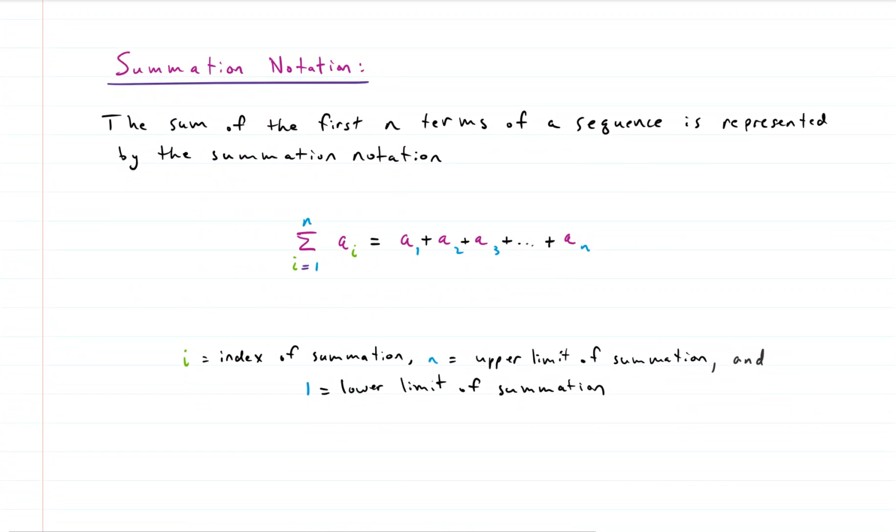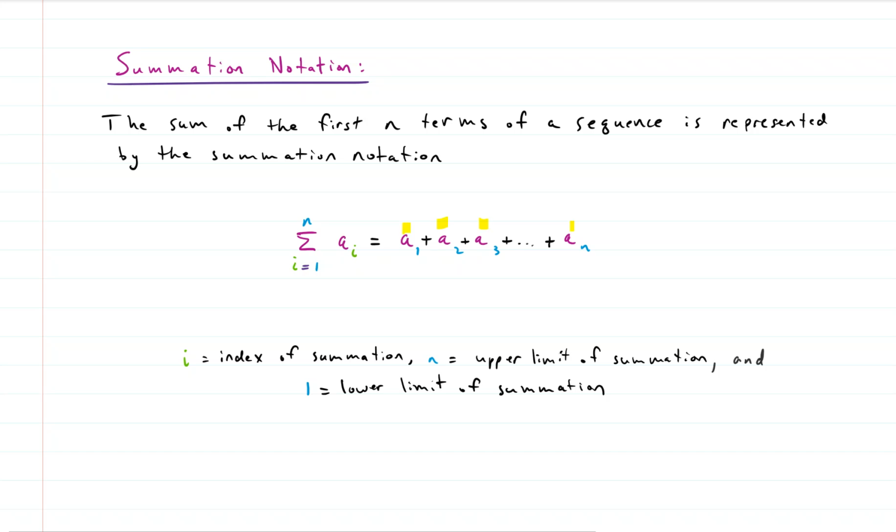So if we have a large sum, and say there happens to be a lot of repetition in each of the terms, we can identify each of the terms as follows. We can have an A1, an A2, an A3, and we're adding all these together up to AN, so they're N terms.